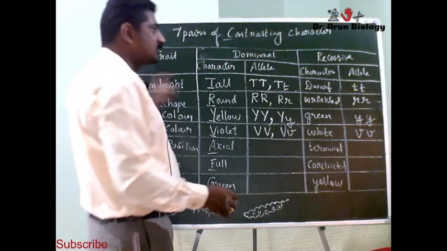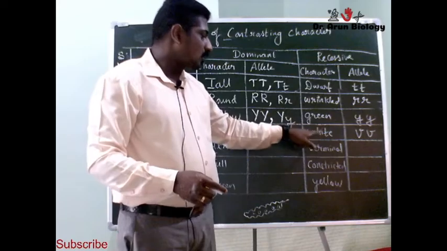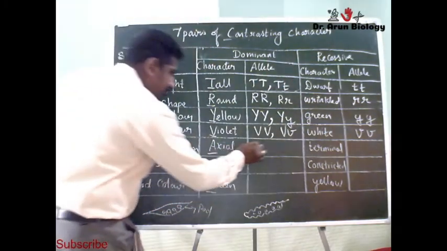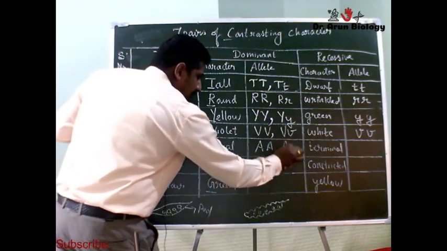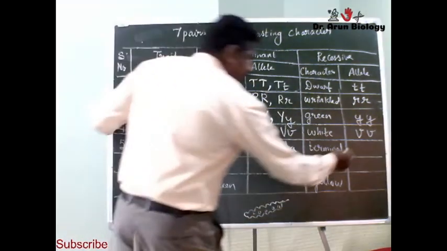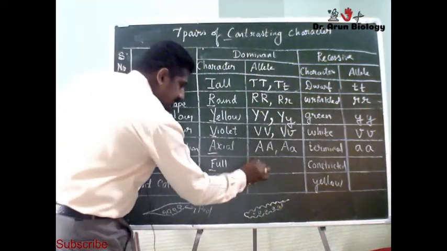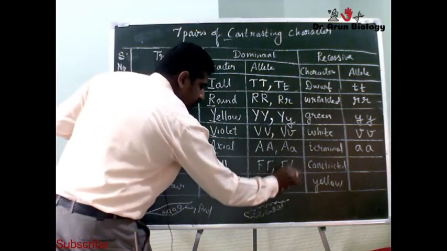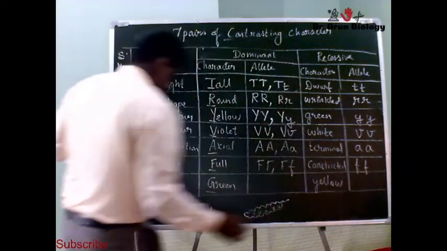Because homozygous recessive can only reveal the recessive characters. Flower position: capital A and small a. Here it is small a. Pod shape: capital F, small f. Here it is small f.